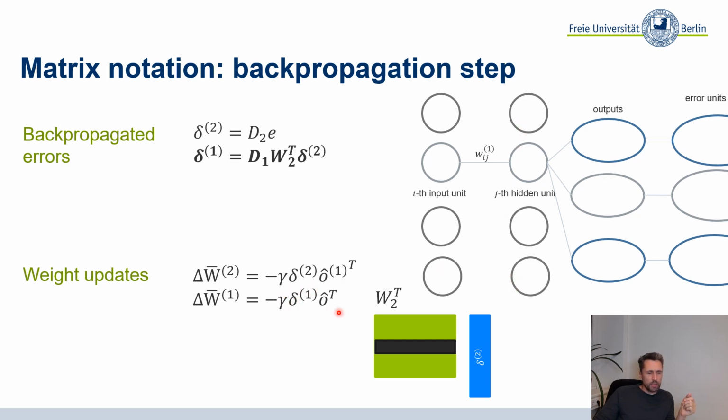So we get a matrix, like we saw on the previous slide, of gradients for each of these weights, and we take the negative gradient scaled with the learning rate, and that's our change for all these parameters.